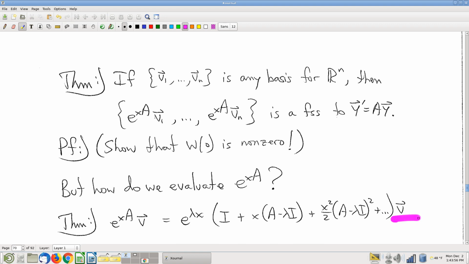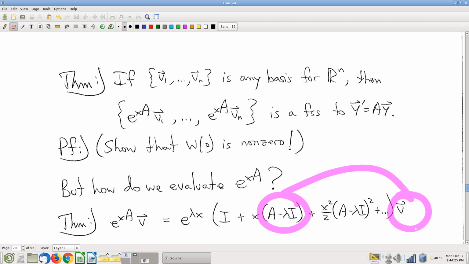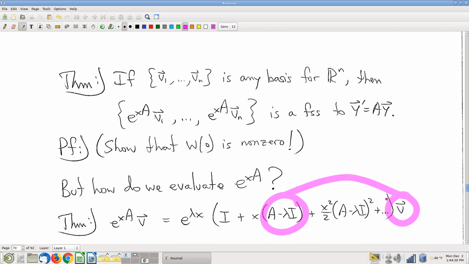If I can find vectors where what A minus lambda I does to that vector is easy to understand, well then this entire infinite series will be easy to understand, which means that the matrix exponential times that vector will be easy to understand, which means my fundamental set that I'm looking for will be easy to understand. And then we're in business. So that's the big idea: let's try to understand simple cases.